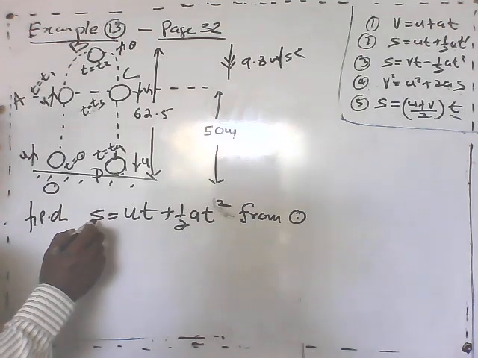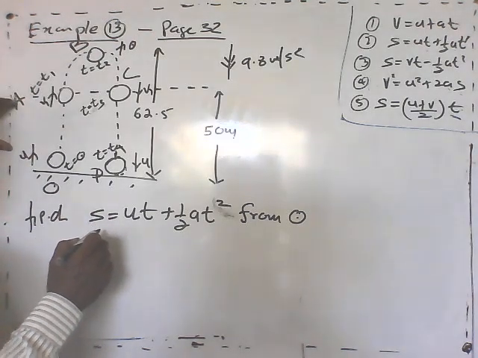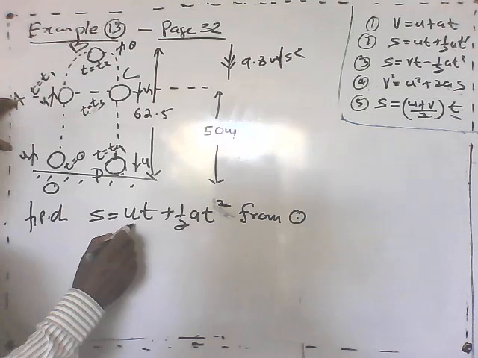When you put here 50, and the initial velocity we found, 35, we can put 35.